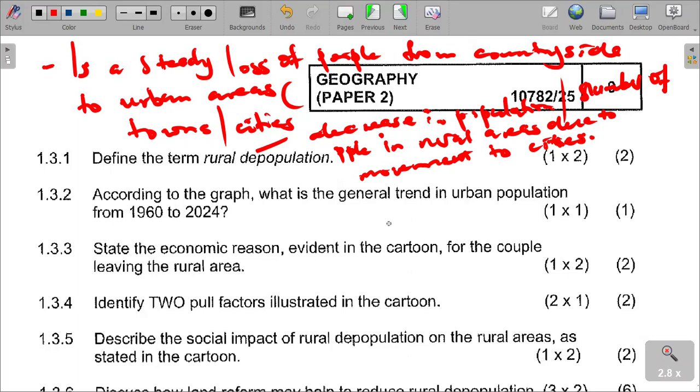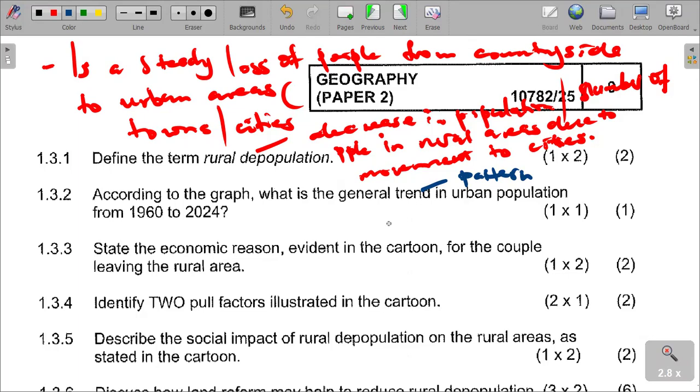So according to the graph, what is the general trend in urban population from 1960 to 2024? When we are saying the general trend, we are talking about the pattern.